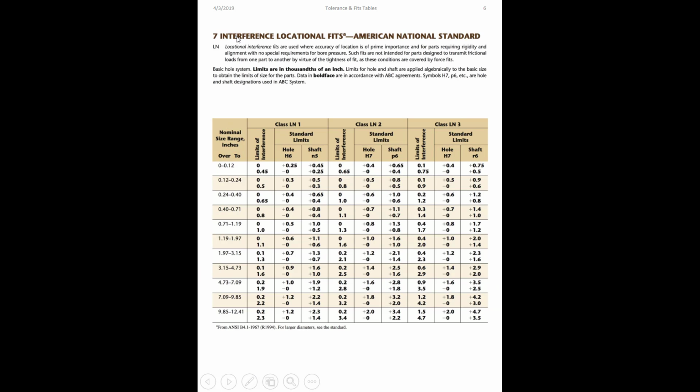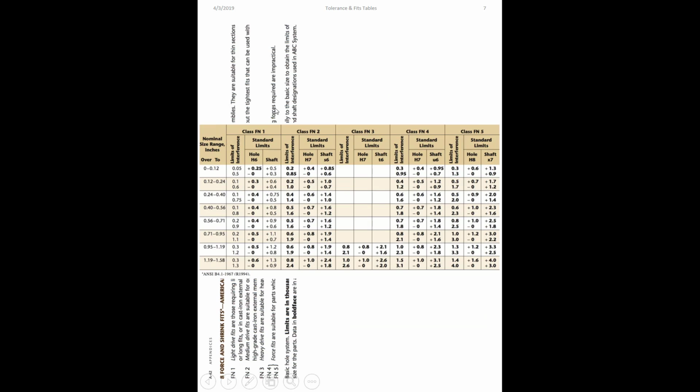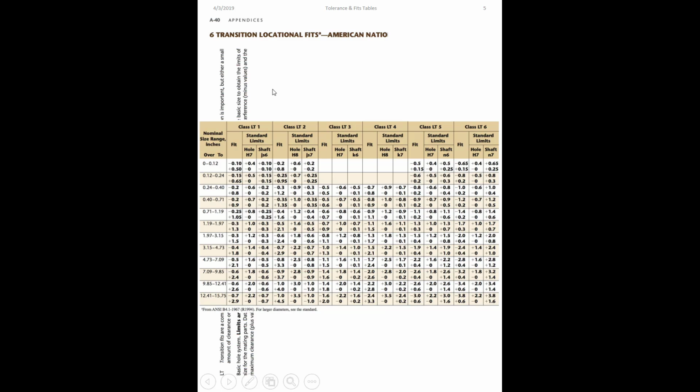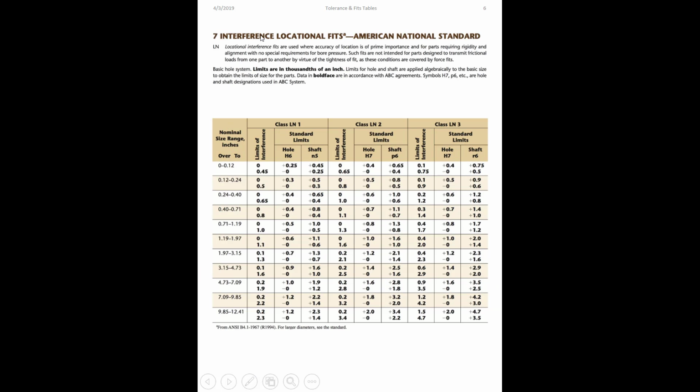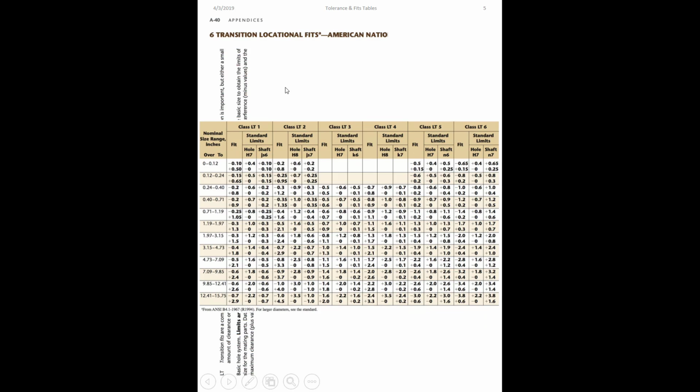In the next one, interference fit, you're going to have a big shaft, little hole. And in the last one, force and shrink fit, you also have a big shaft, little hole, but the shaft is going to be bigger relative to the hole size than in the interference locational fit. So those are the differences.